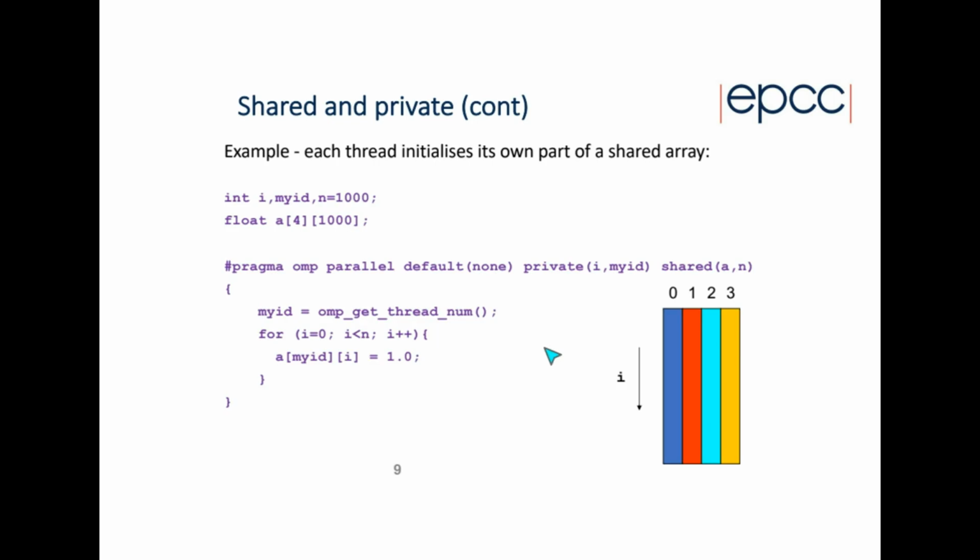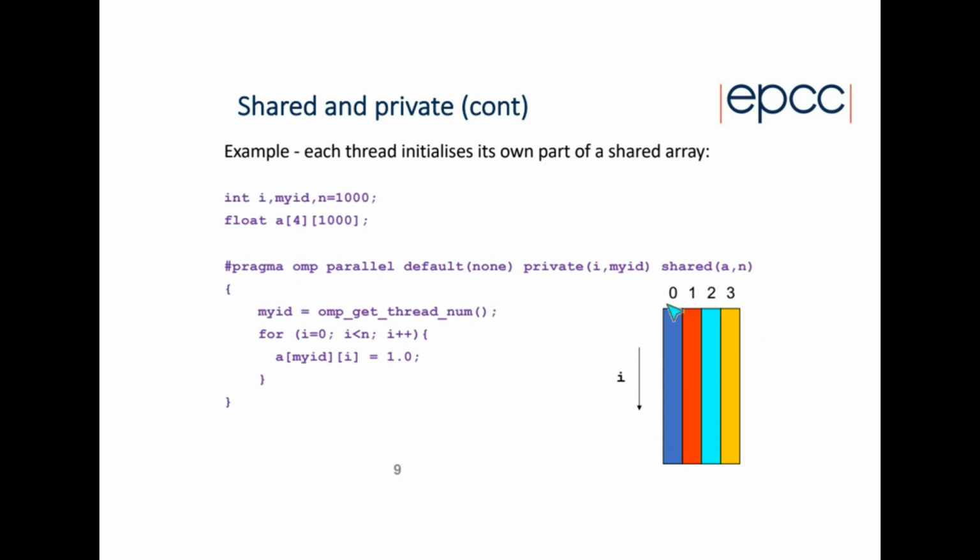Okay, so a rather contrived example, something that we can do with just bare parallel regions and nothing else, and will fit on one slide. What I want to do here is I've got an array. Here's a sketch of it on the right.